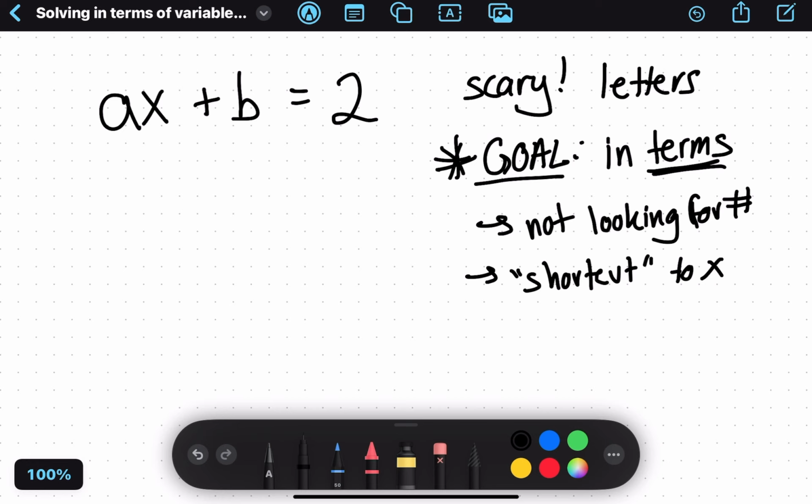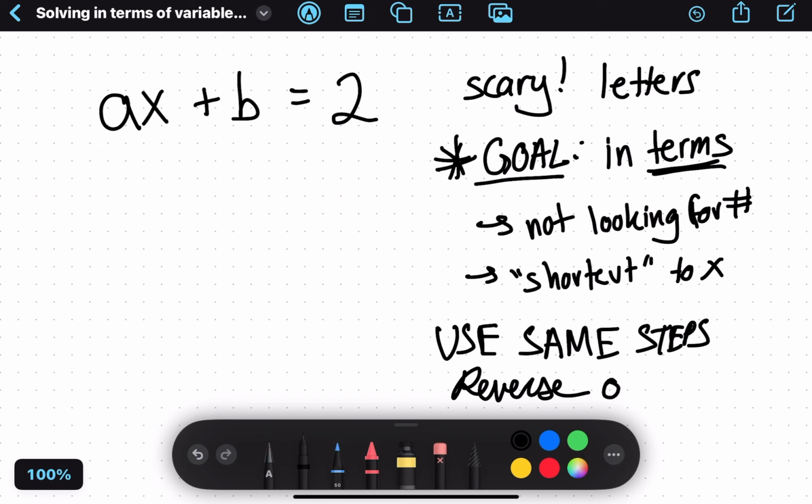So we're going to use the same steps as if we were to solve a regular equation. And what is that? We're going to reverse the operations. Okay, so what is being done to x here? You could see first it's being multiplied by a, and then to 2, you're adding b.